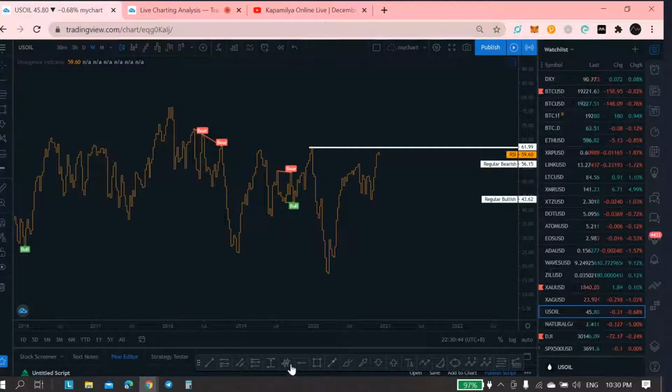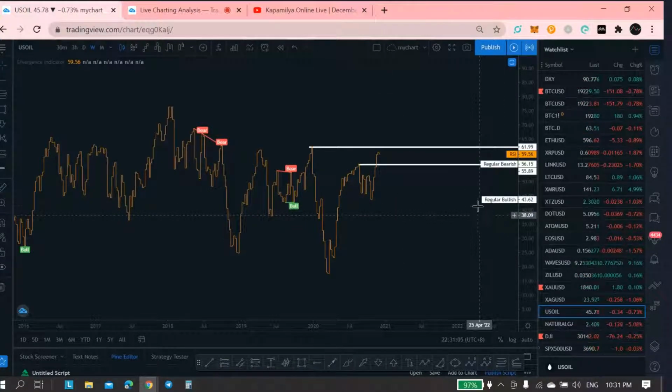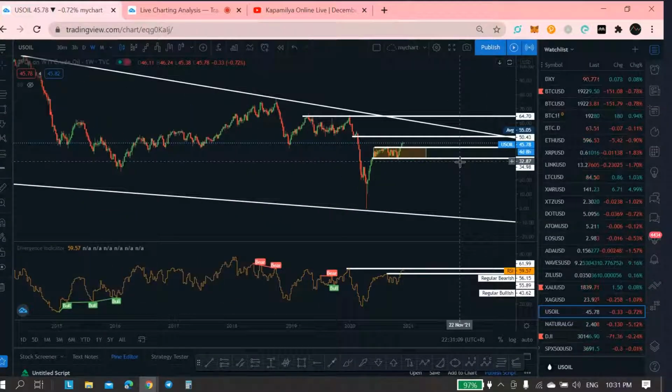As for support, I'll possibly use this area around the 55 area. A break down to that level could possibly retest the regular bullish, which is the 43 area. So let's see how it goes for US oil.